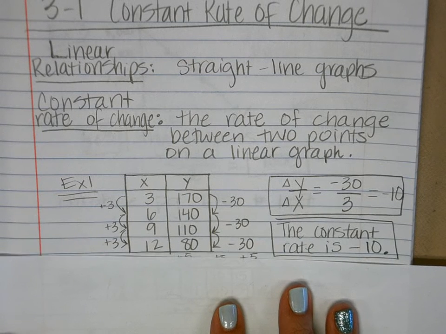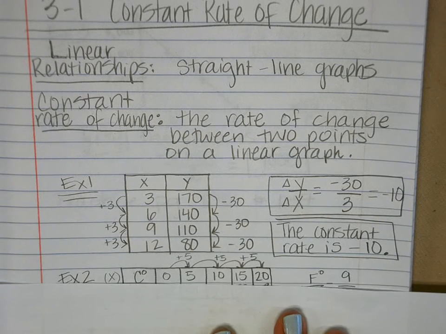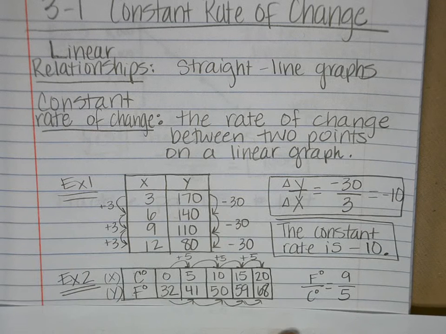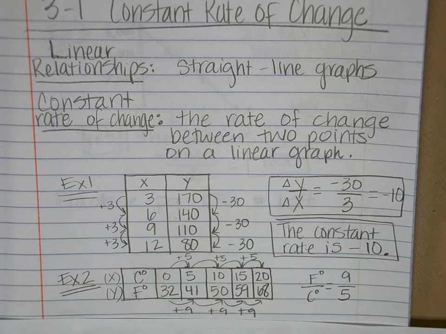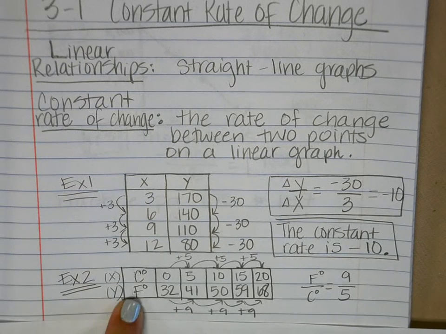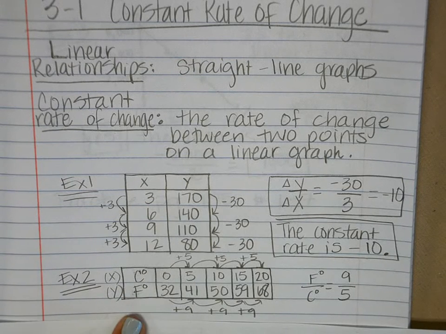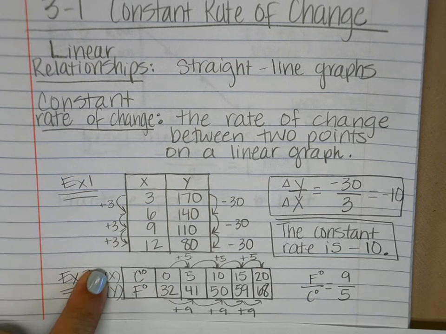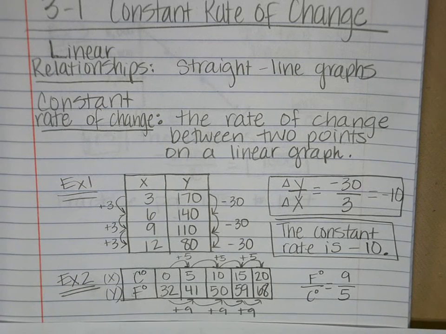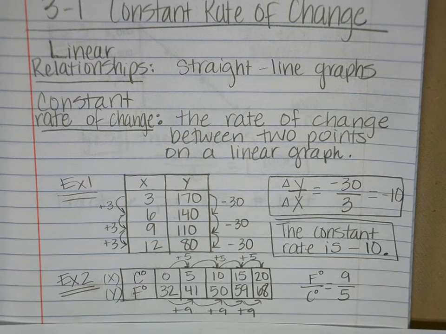All right, sometimes the table is written this way, more horizontally. And so I just want to show you that sometimes it's not labeled X and Y, like this is in degrees Celsius and Fahrenheit. So the X is always on the top on this one. So I put a little X and Y for you. So this is Celsius.